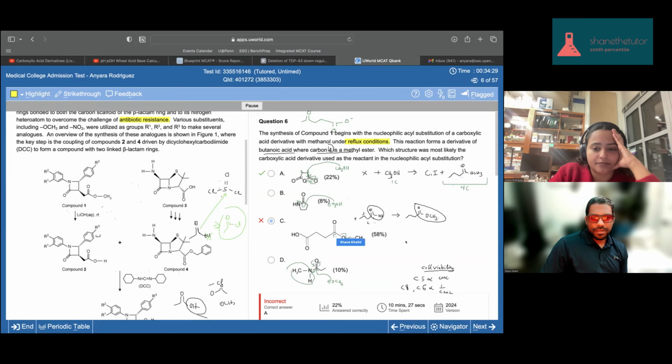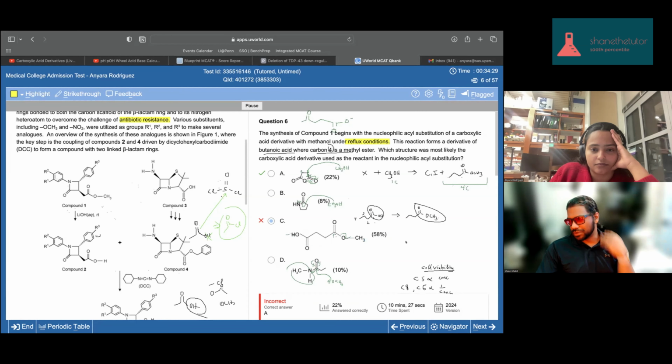And then here, similar type of deal, right? But this is already a chain, so it's not going to result in a ring opening or anything like that. It'll most likely deprotonate this, I think.